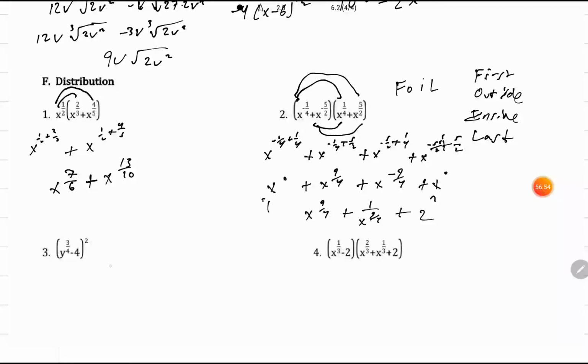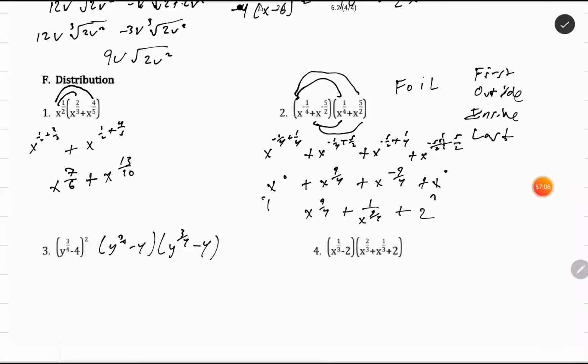This is another FOIL problem. So it's the same thing as y to the 3/4 minus 4 times y to the 3/4 minus 4. It's saddening. Okay.